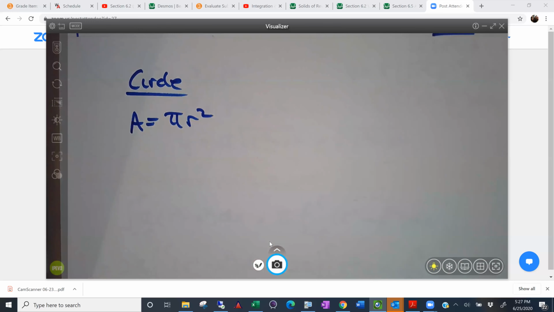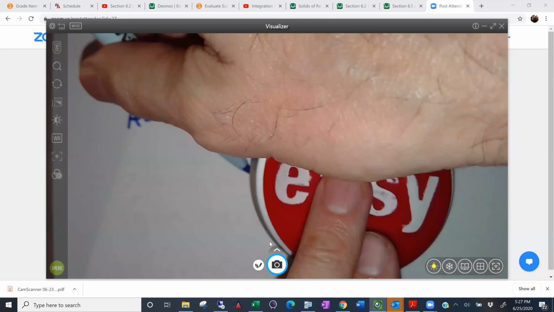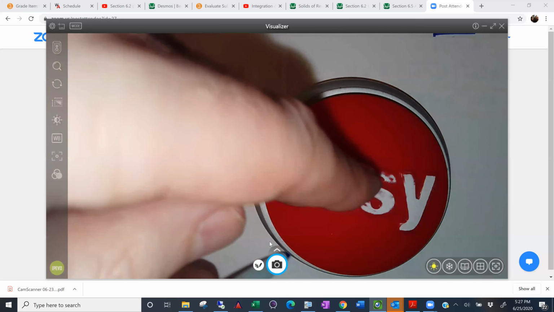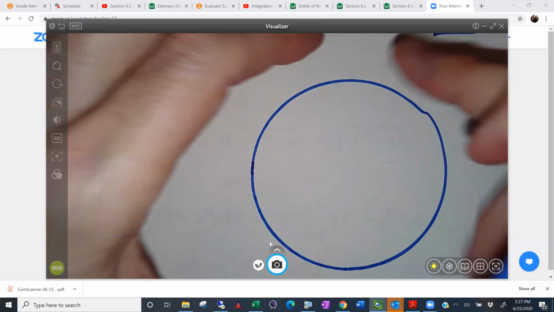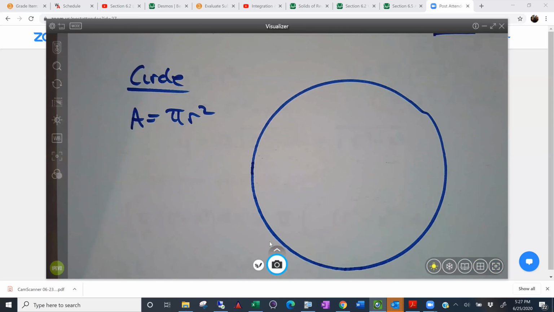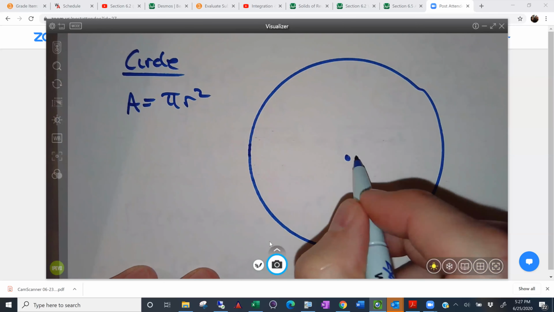Pi r squared. Now, if you had a circle and you were expanding it or contracting it, so maybe it's ripples on the surface of a pond, they're getting bigger and bigger. But if it's expanding, where's that change happening? If your circle is expanding, circle of radius, say r.